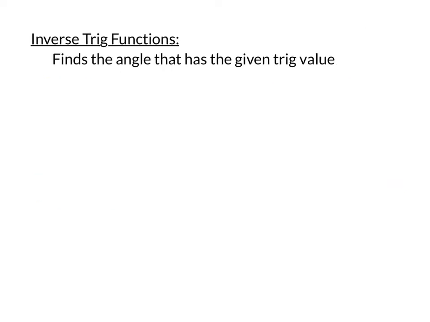One last big idea I want to talk about is the inverse trig function. Now, we can use our calculator to calculate a lot of trig values. For instance, we use our calculator to find out that the sine of 50 degrees is equal to 0.766.